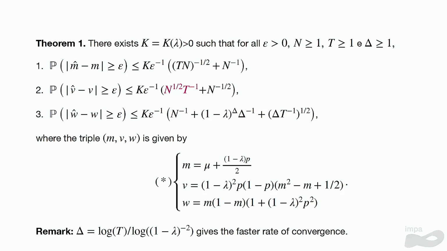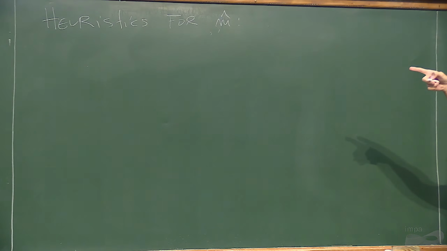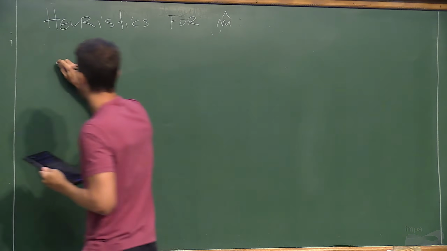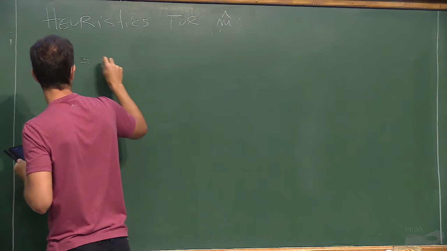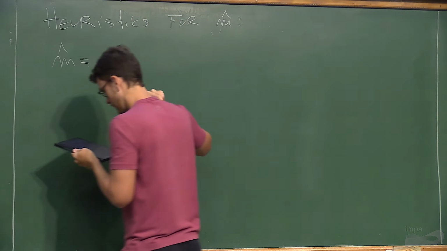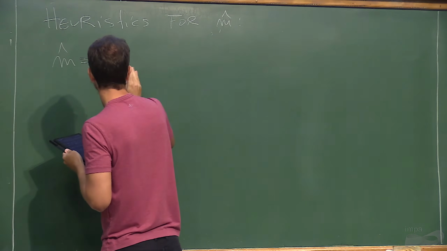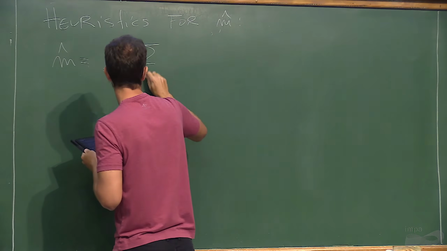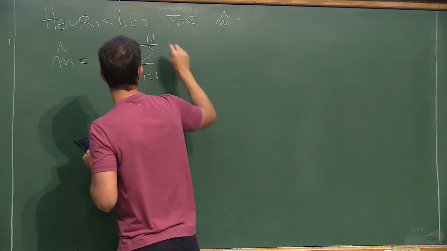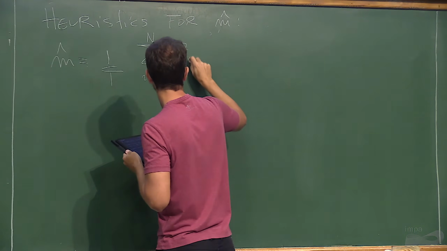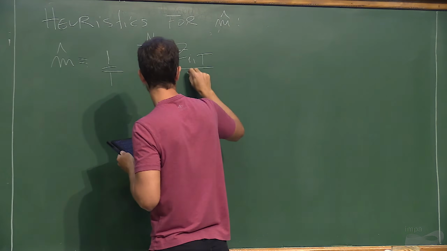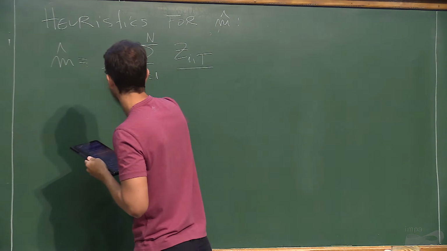Okay. So I didn't ask, but can you read what I write here? The estimator, recall, is this m hat, which is just 1 over t of this sum over 1 over n of this z i t over n.